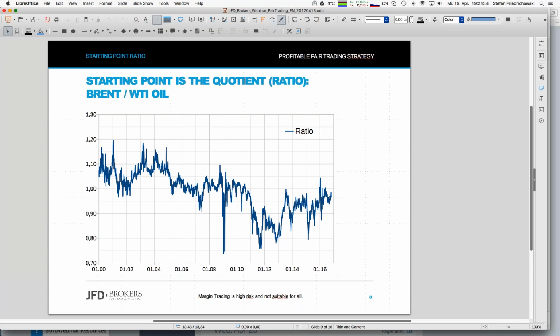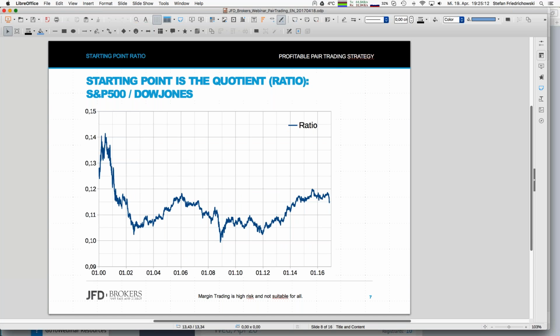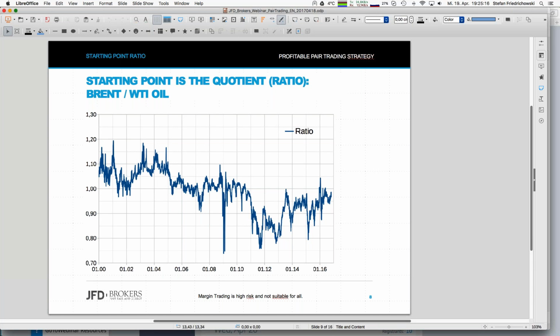I've done the same for Brent versus WTI, and now you can immediately see that there's a difference between the two behaviors. Let me switch around a little bit because then it becomes much more obvious. So you see for the Brent ratio versus WTI that it's much more short-term related.